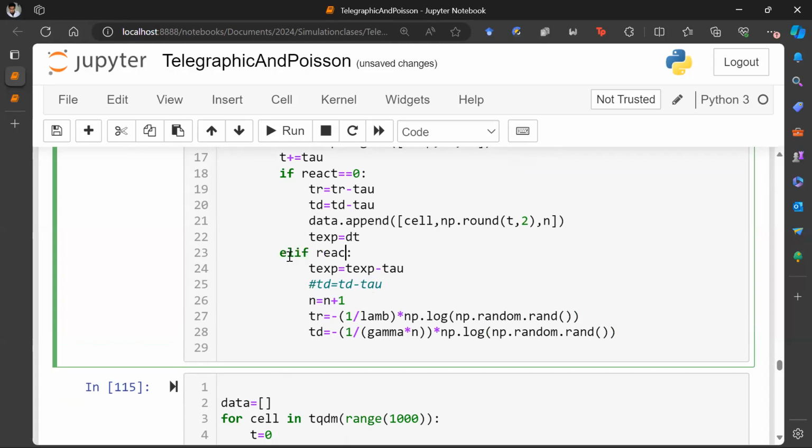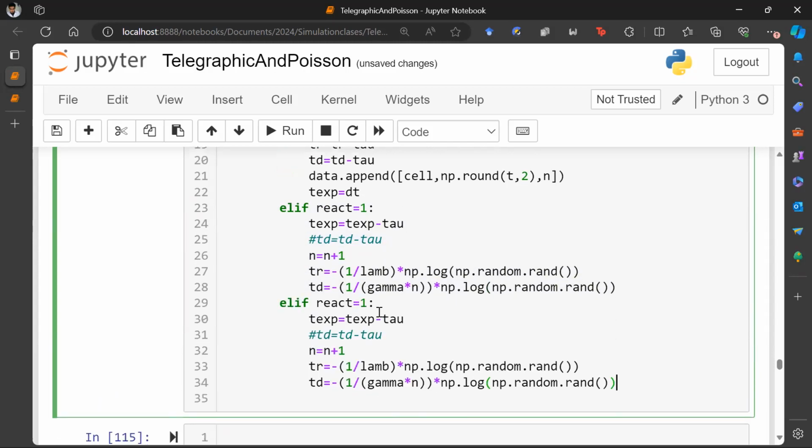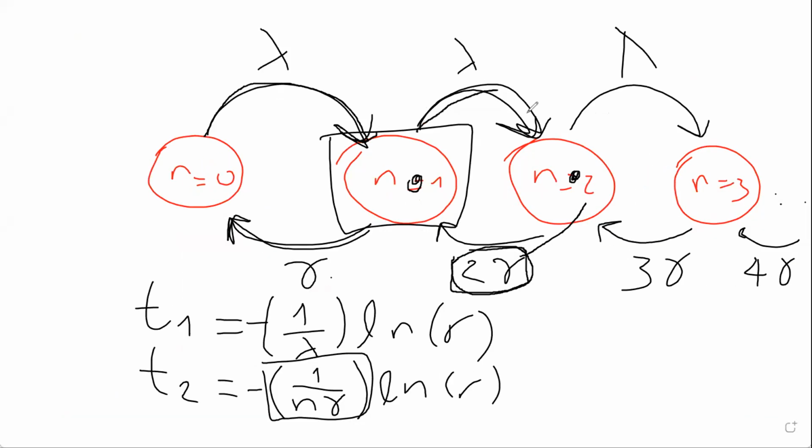So this is if the reaction is 1. And if the reaction is 2, I'll do something similar, but with the degradation. Okay, so time to experiment. And remember, in this case, given that the propensity is always lambda, no matter N, I don't have to recalculate the lambda.